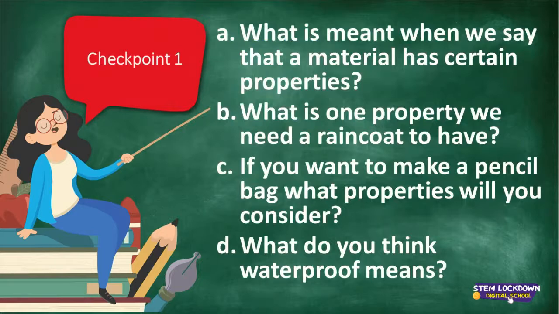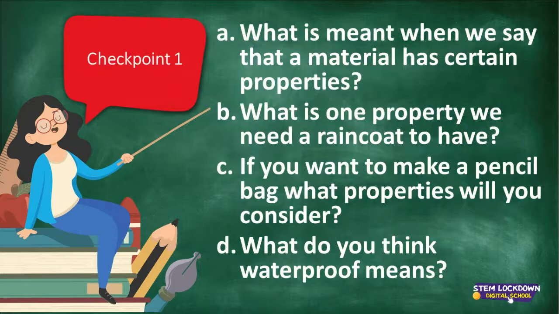Number C, if you want to make a pencil bag, what properties will you consider? You know your pencil bag, how it looks like. And there are properties that I have indicated to you.